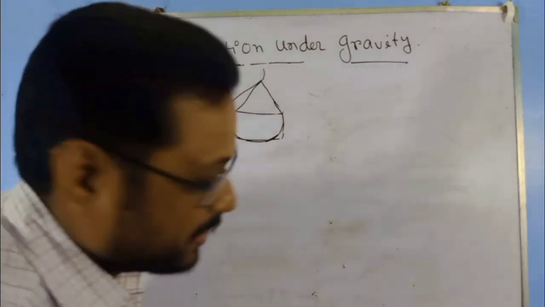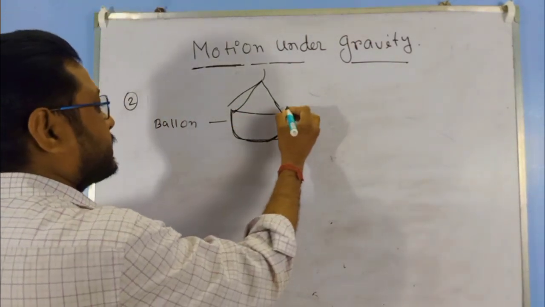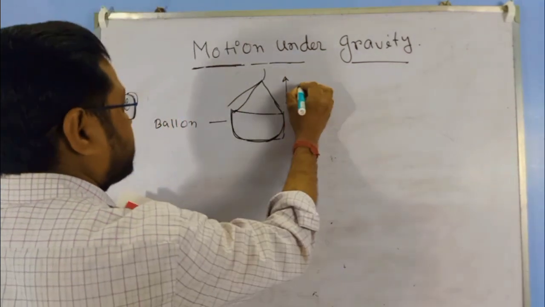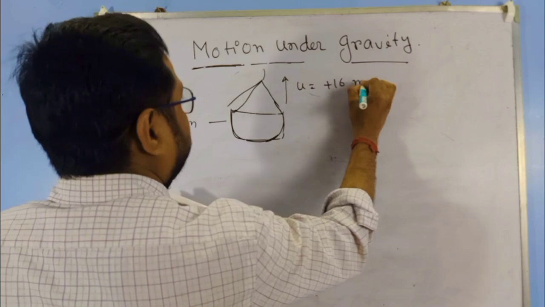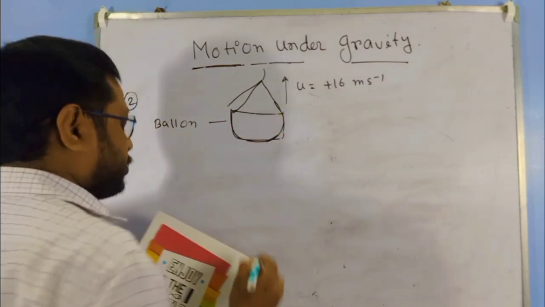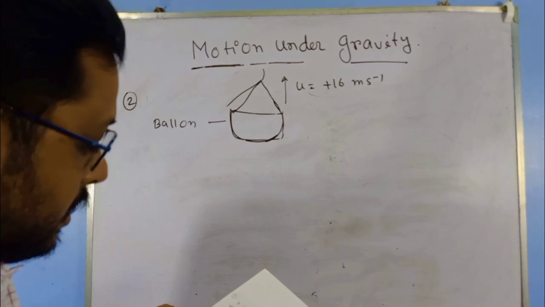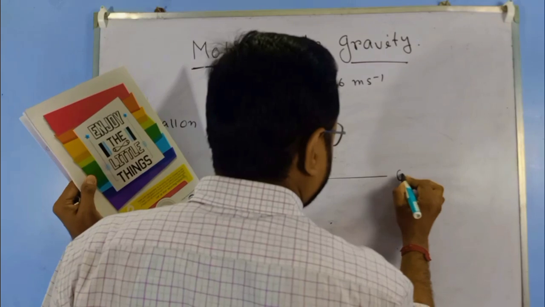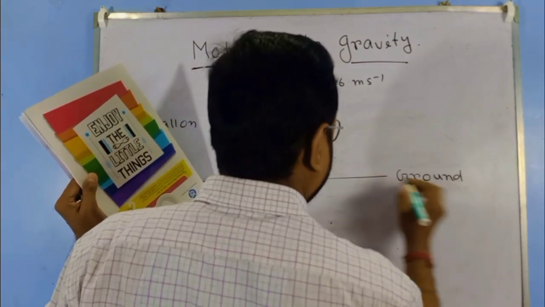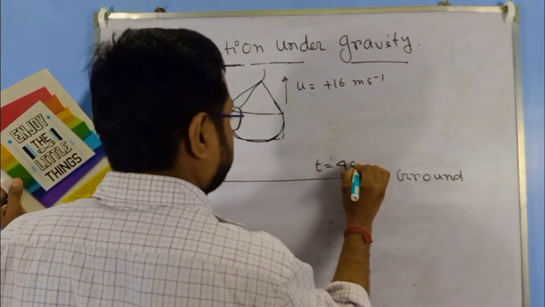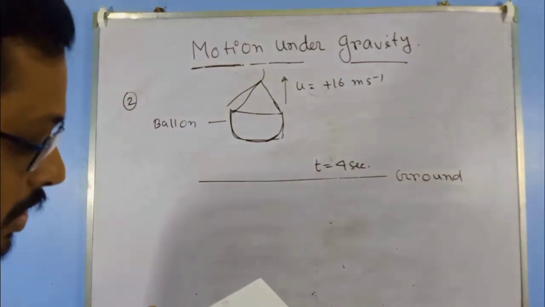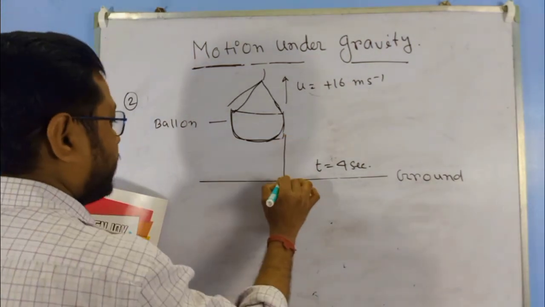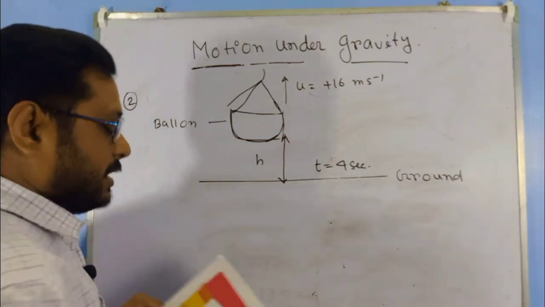The balloon is going upward with a velocity of 16 meter per second, and then a stone is dropped. The stone reaches the ground at t equal to 4 seconds. We have to calculate the height of the balloon when the stone was dropped, that is the net displacement.